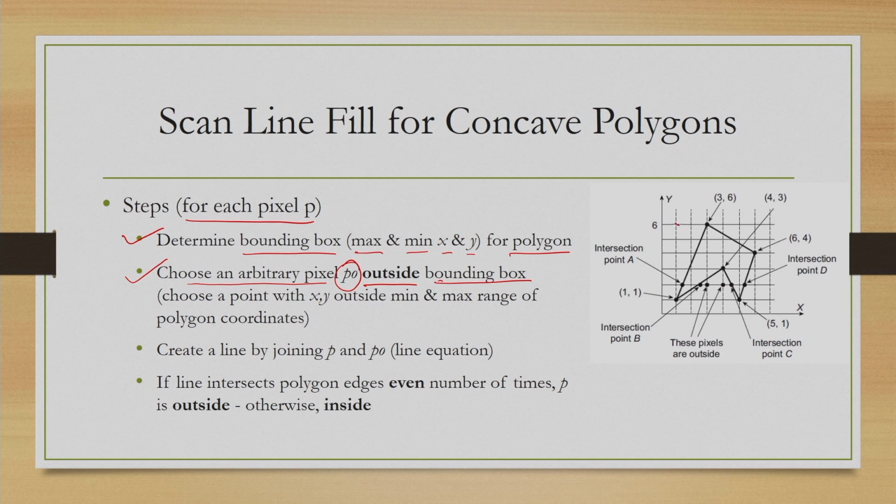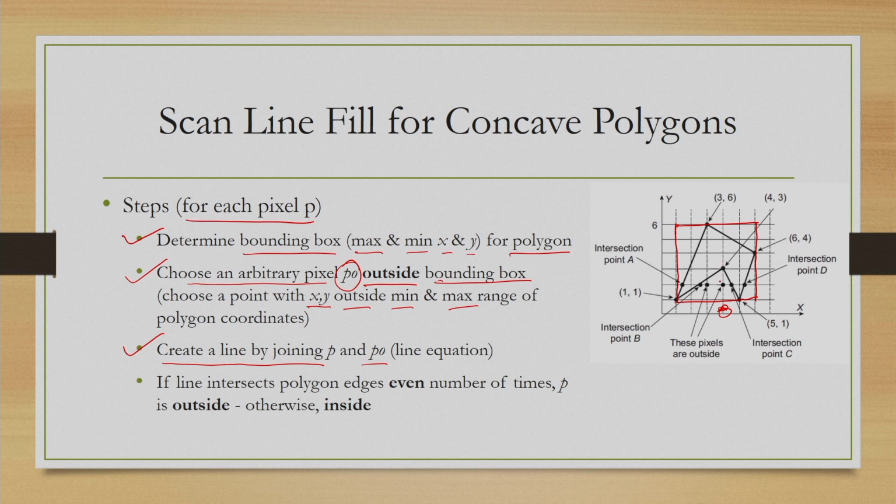In this case, this can be our bounding box. As you can see, it covers all vertices of the polygon. Then we choose one pixel outside this bounding box, somewhere say here. That means choose a point x y which is outside the min and max range of the polygon coordinates. In the third stage, we create a line by joining p and p0.